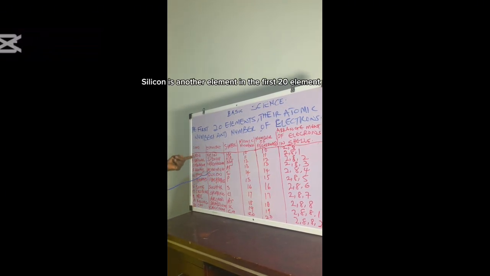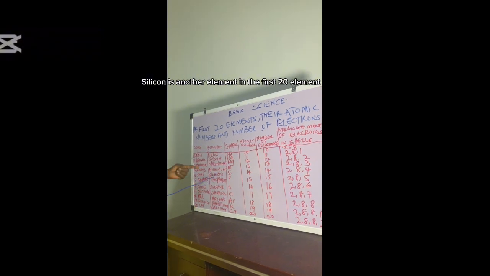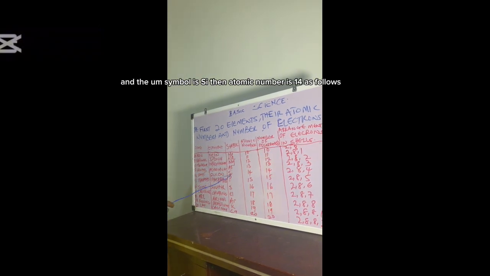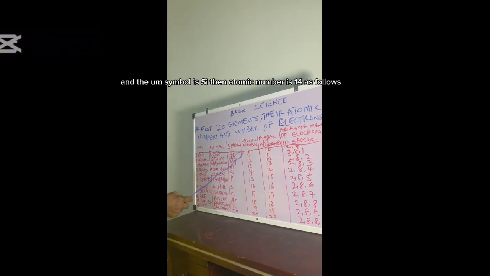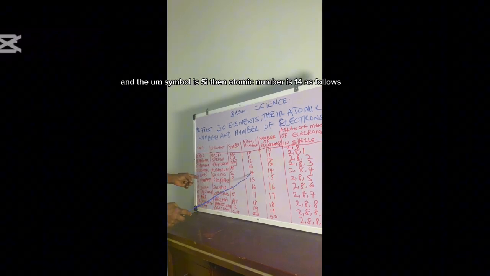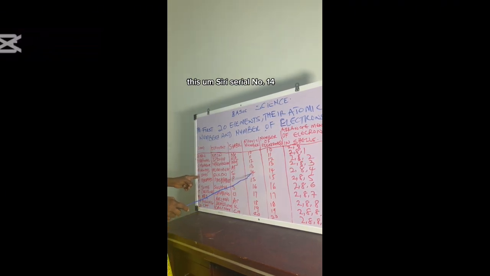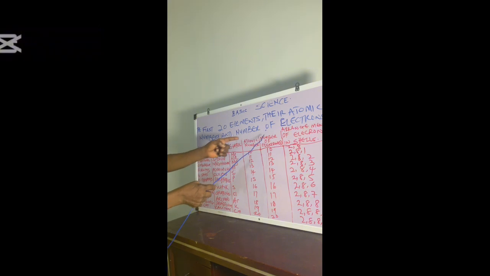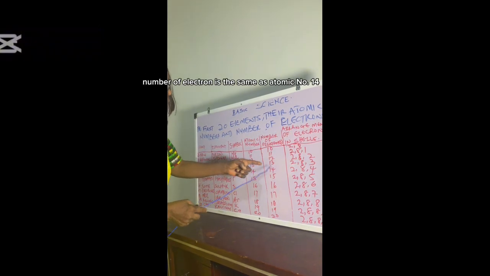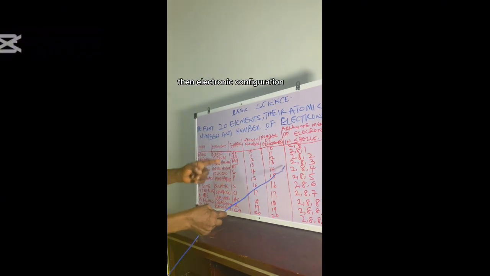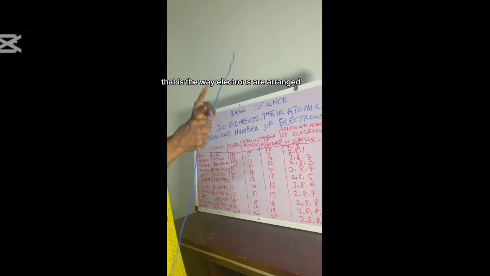Silicon is another element in the first 20 elements, and the symbol is Si. Then atomic number is 14, as follows this serial number 14. Number of electrons is the same as atomic number, 14. Then electronic configuration, that is the way electrons are arranged.